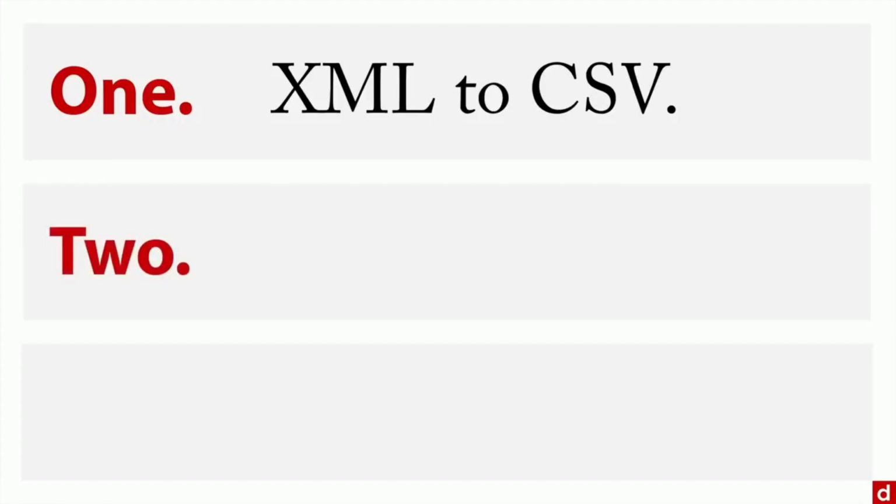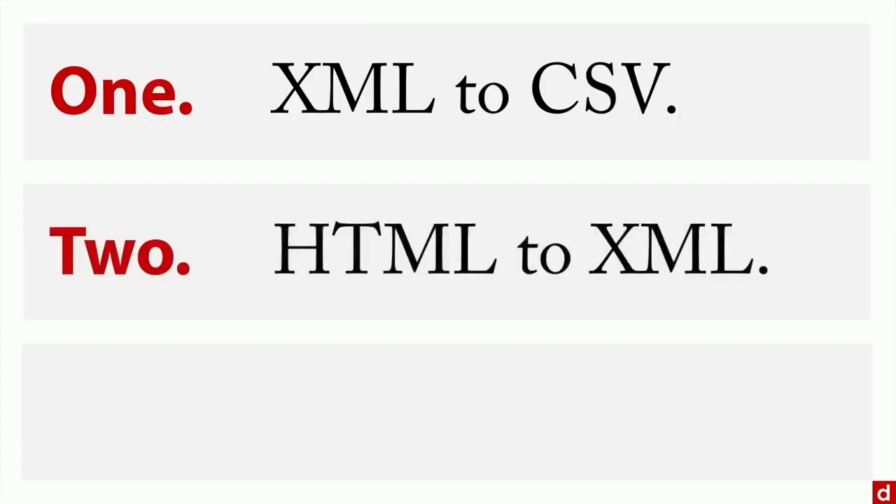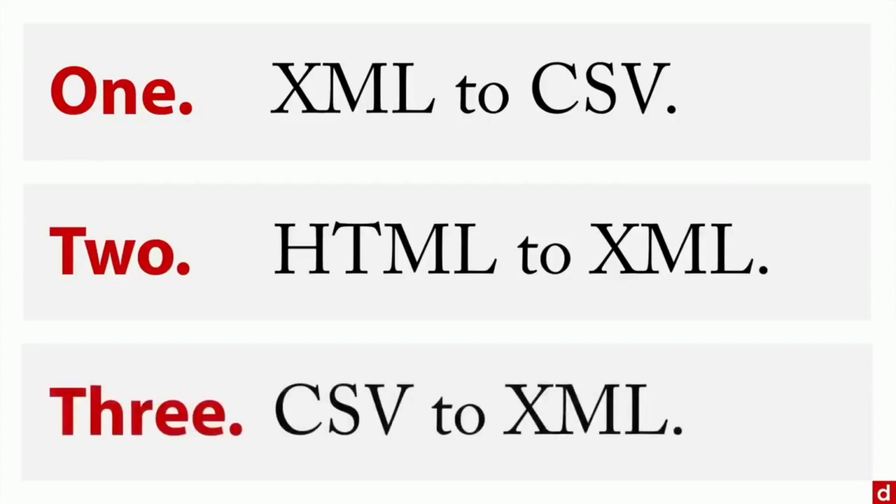Example 2, it's really easy to convert HTML documents to XML because you can think of HTML with its restricted set of tags as sort of a subset of the much freer XML. And 3, you can convert CSV or your spreadsheet comma separated value to XML and vice versa. You can bounce them all back and forth because the structure is made clear to the programs that you're working with.